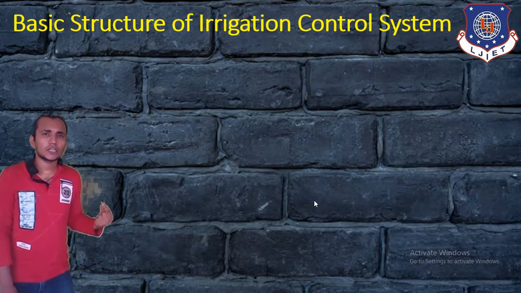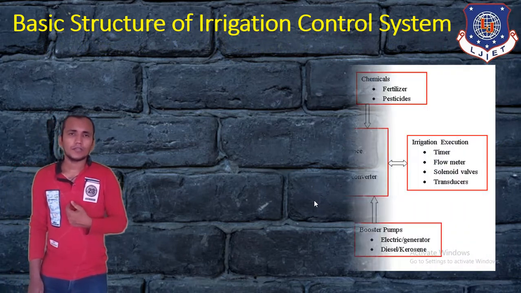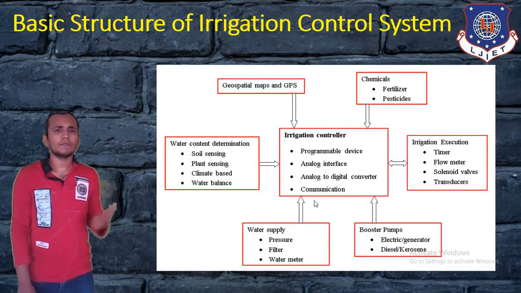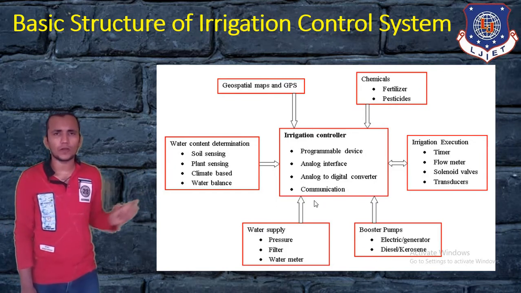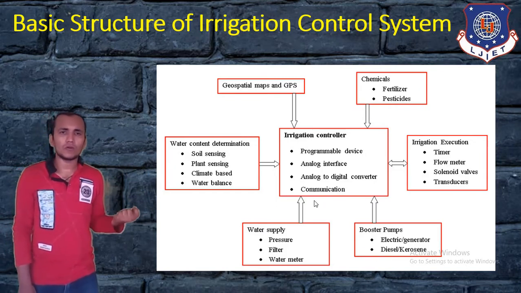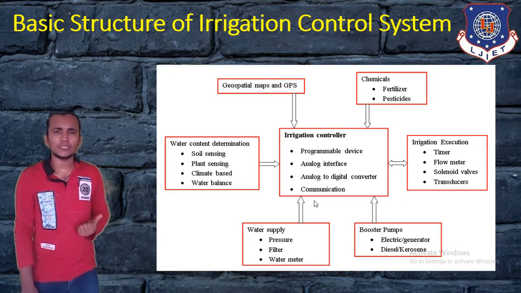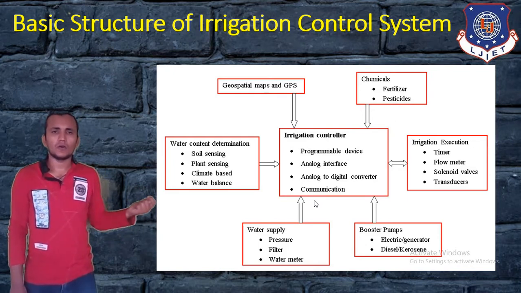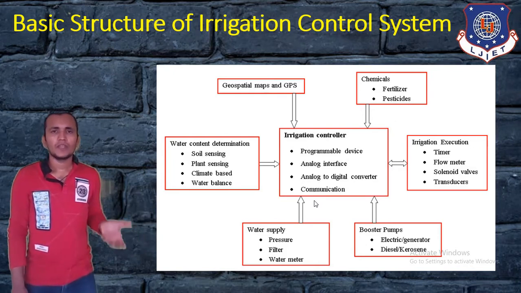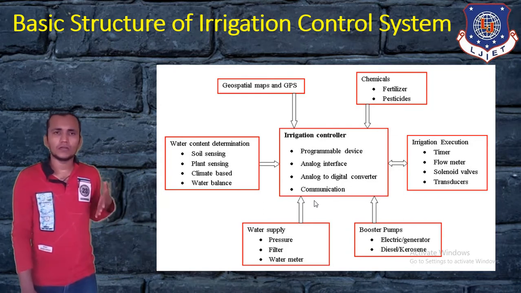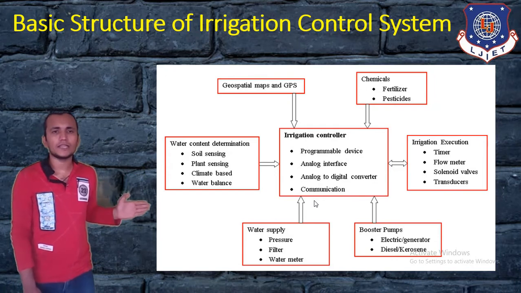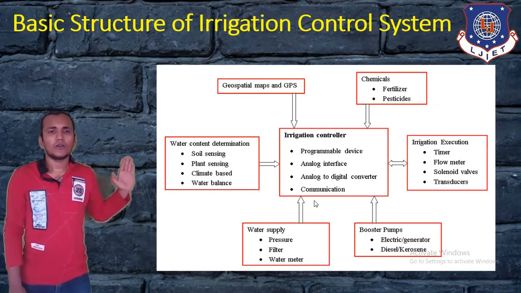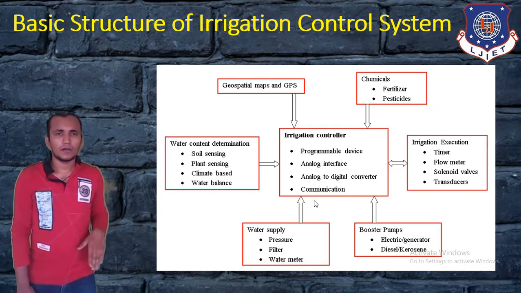Then the basic structure of an irrigation control system. First is the irrigation controller, that means a programmable device, analog interface, analog to digital converter, and communication line. Then different kinds of water determination are also required, like soil sensing, plant sensing, and water balance.